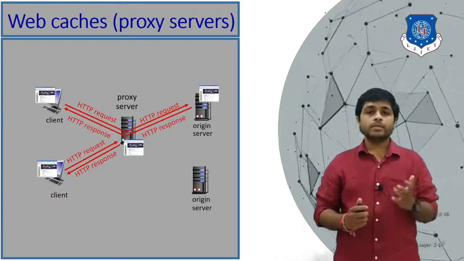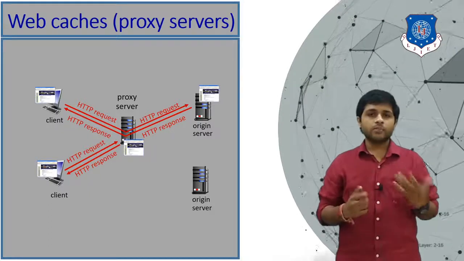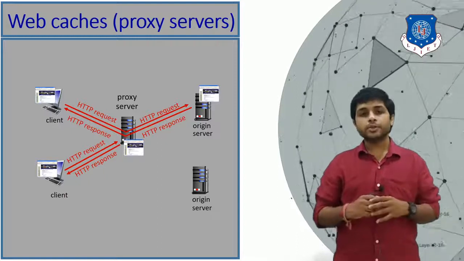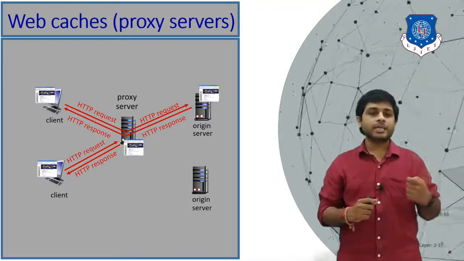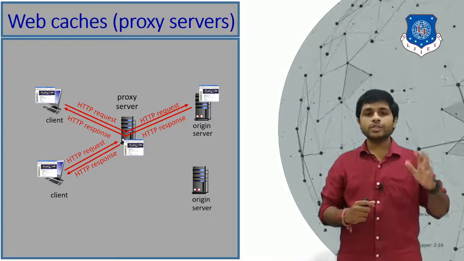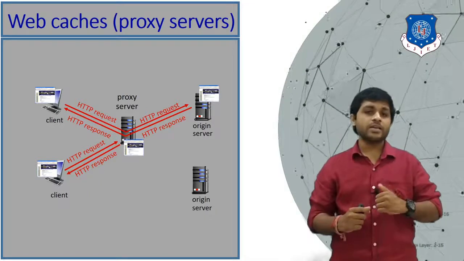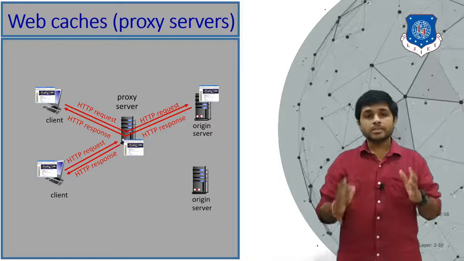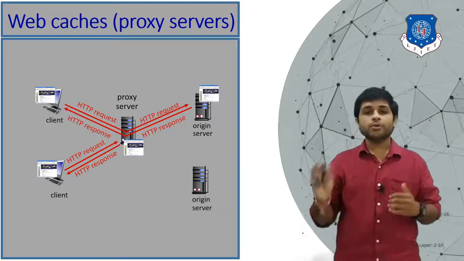Now let's see the web cache and the proxy server. Now what is the proxy server? Suppose you want to access www.google.com. Every time, your computer would be sending data to the servers which are residing in America, which is very far away from your country, right? So there are some proxy servers which are exactly the same as the original server.